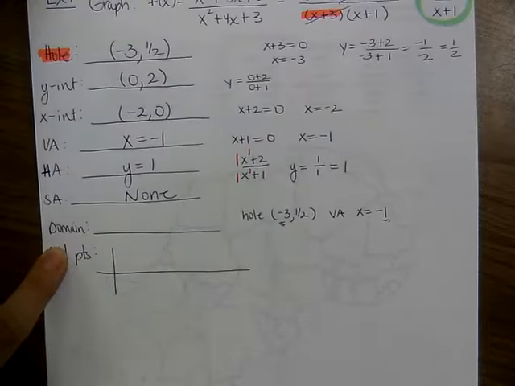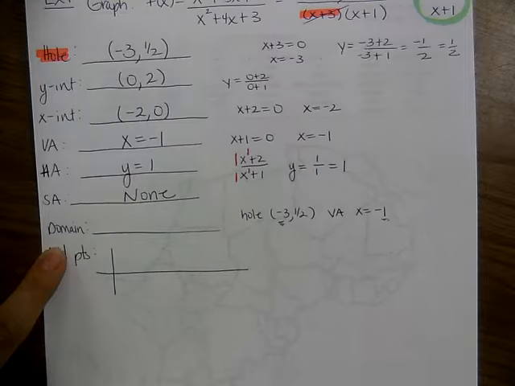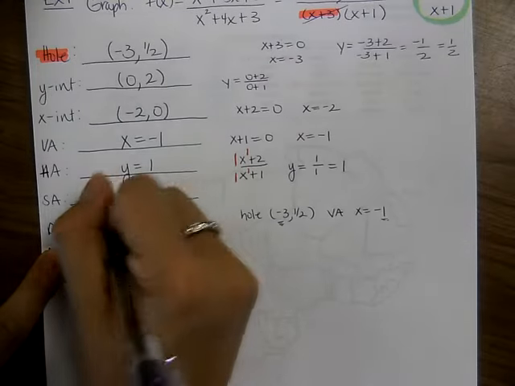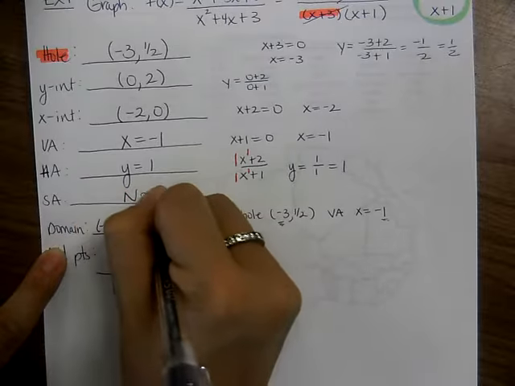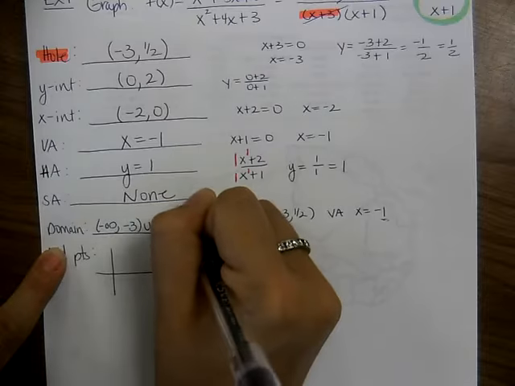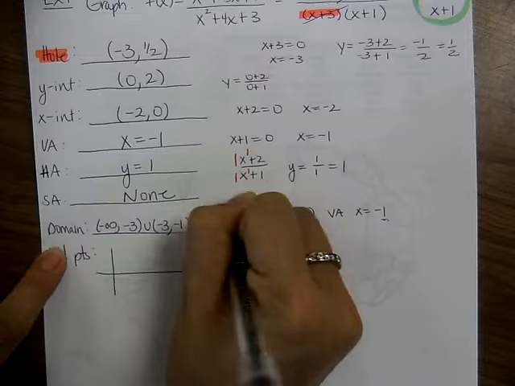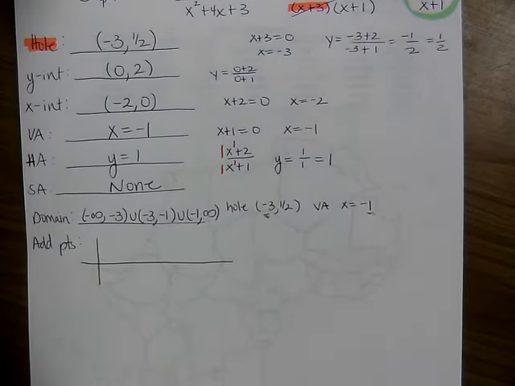So the only two values that x isn't allowed to be is -3 or -1. So this is going to go from -infinity to -3, in union with -3 to -1, in union with -1 to infinity. All of the x values work, except for -3 where the hole was, and -1 where the vertical asymptote was.